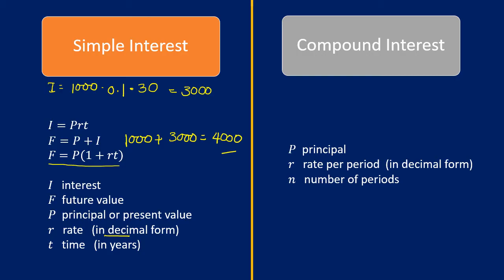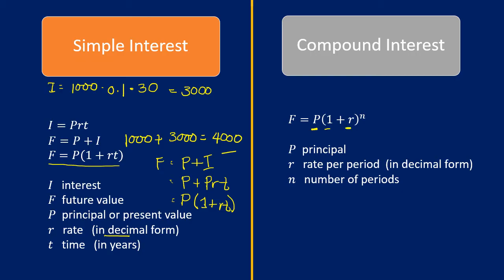If you look at F or future value, which is P plus I, I just substituted I, which is PRT, and then I factored out P. So what will be left? This is 1 plus RT. Understand?